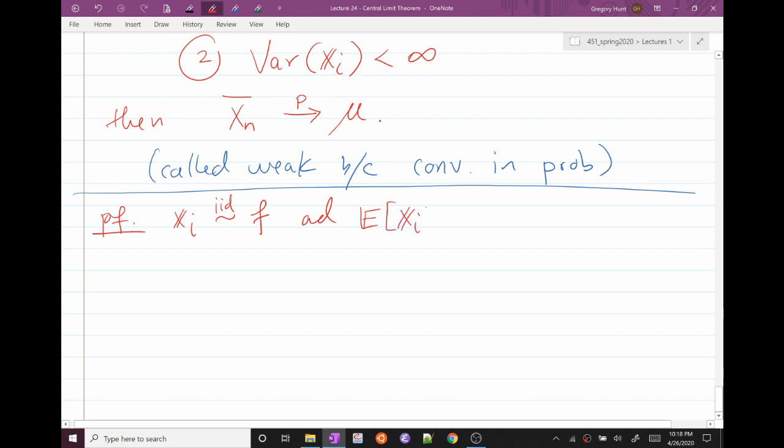All we know is that the expected value of each of these is mu, and we're going to assume they not only have the same mean, but also the same variance. So there's some distribution with a mean mu and a variance sigma squared, and they're all IID from that distribution.